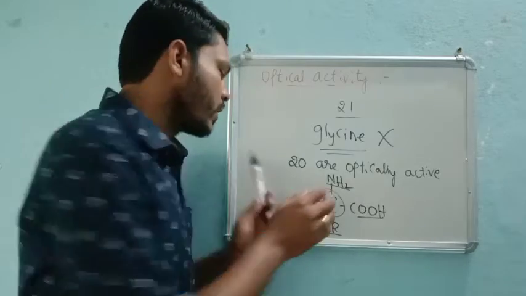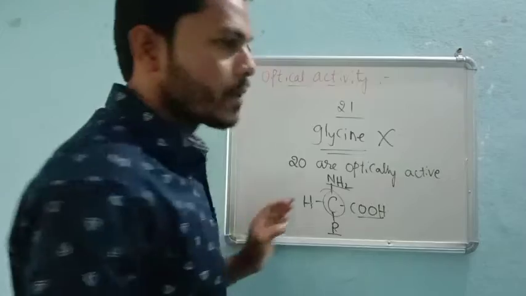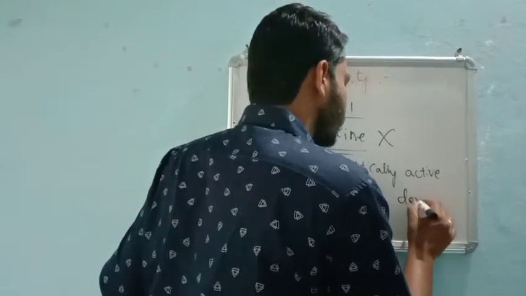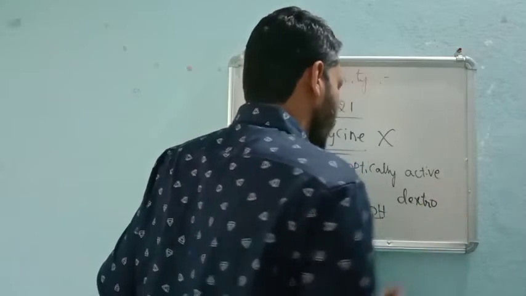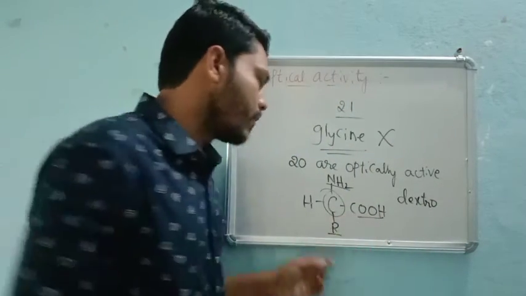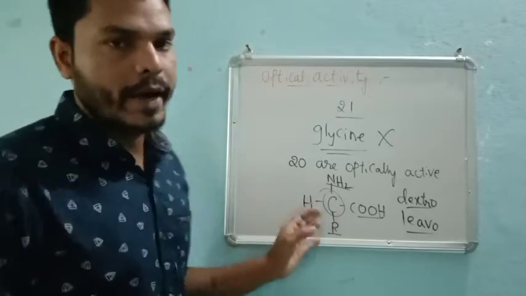So based on H we can go, right? If H is present at the left hand side, then definitely it will be dextrorotatory, right? And if H is present at the right hand side of a chiral carbon, then definitely it will be levorotatory.